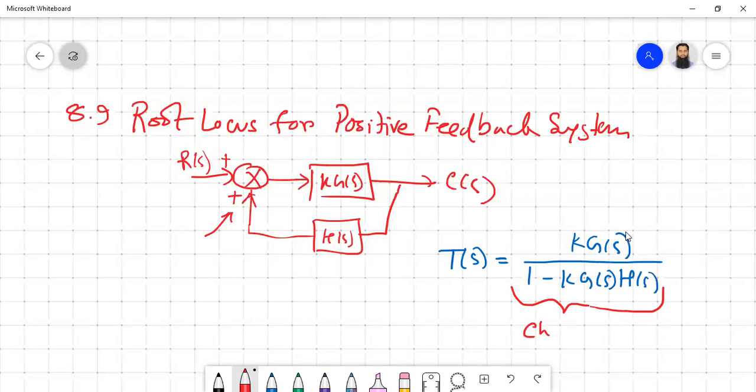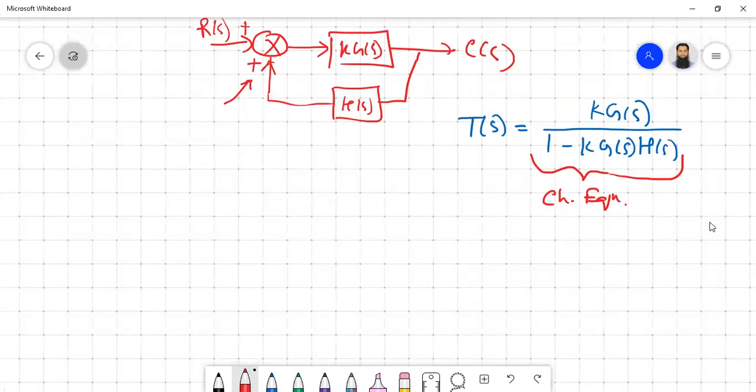So our root locus will be something like this. Now the new characteristic equation is 1 minus K G of s H of s equal to 0.